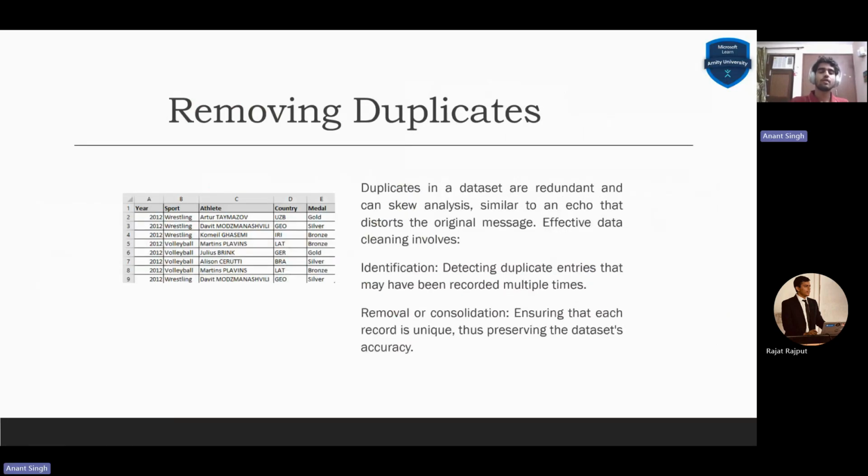Now, let's talk about removing duplicates. As we talked about, we may not want multiple rows of the same person, right? Our model might get trained on one person only. For example, we are trying to find the correct height based on countries, right?